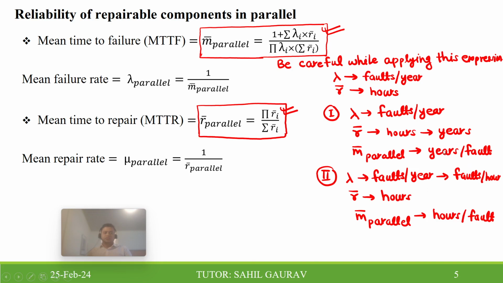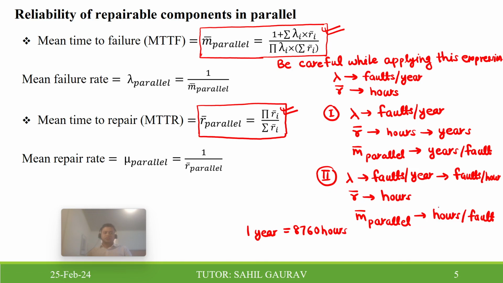And certainly, if you go either way, after finding m bar parallel in years per fault, at the end you can also convert into hours per fault by multiplying with 8760, because in 1 year there are 8760 hours. And if you approach the second way, you will get m bar parallel in hours per fault.